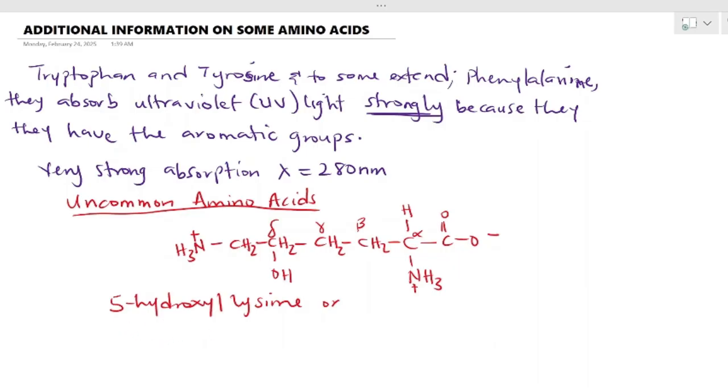Instead of 5-hydroxylysine, which counts the number of carbons, 1, 2, 3, 4, 5, what you have here is gamma-hydroxylysine. That's pretty much it. You have both 5-hydroxylysine or gamma-hydroxylysine.